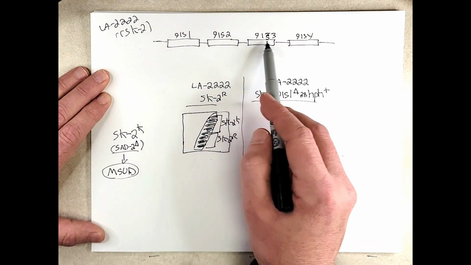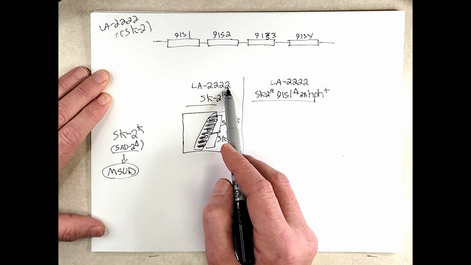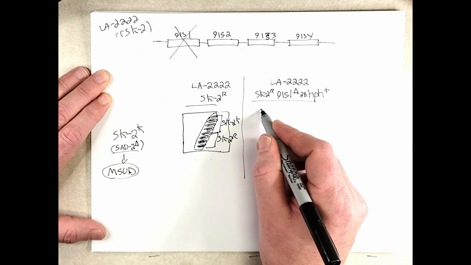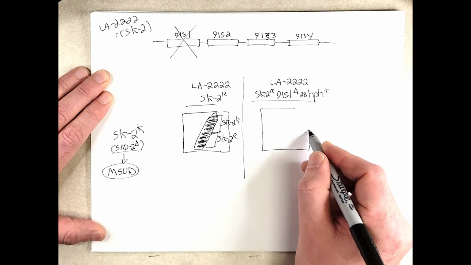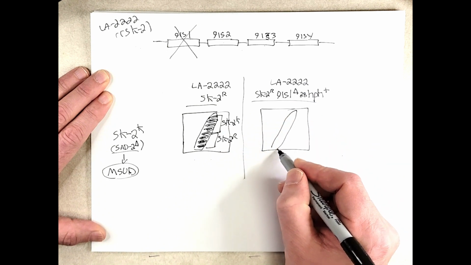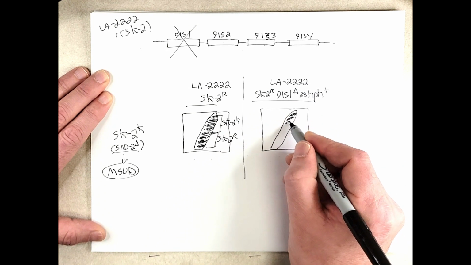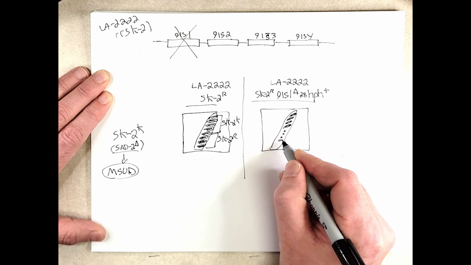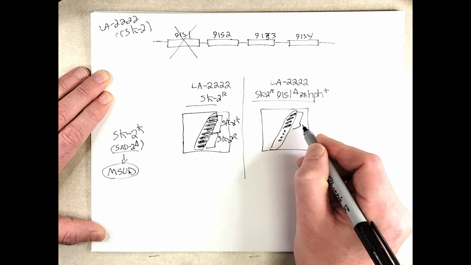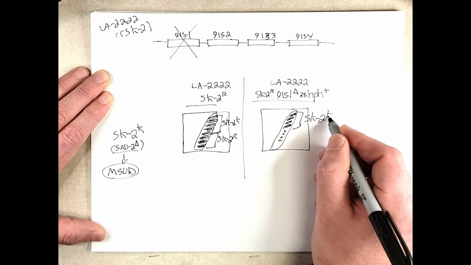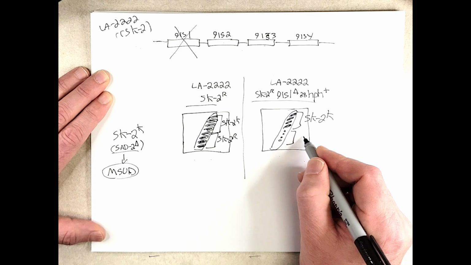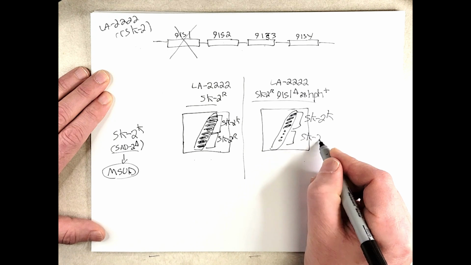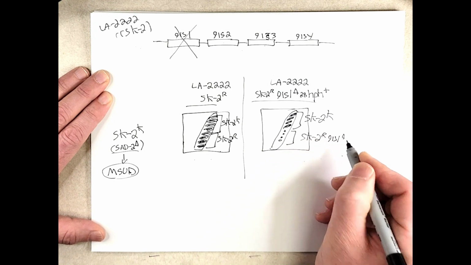Now, of these 4 genes here, in the LA2222 strain, only when we delete 9151 do we get this result over here. Only when we delete that one do we get the result of 4 black ascospores and 4 dead ascospores. The 4 black are the SK2K genotype, and the 4 dead are presumably the SK2R 9151 delta genotype.